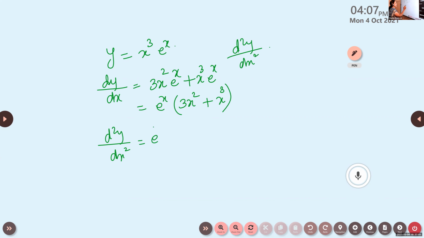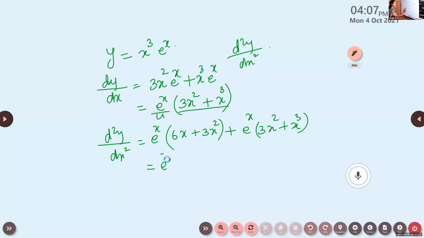It is e raised to x into, product rule, isn't it? This one u, the other one you can take as v. 6x plus 3x square plus 3x square plus x cube, we keep as such. The derivative of e raised to x is e raised to x.